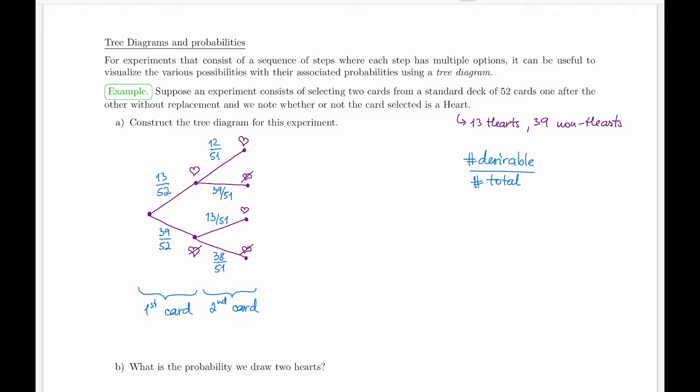Excellent. A couple of things to notice about this tree diagram now that we've constructed it that will be true of all the tree diagrams ever. Because at every single point, you're listing all the possible outcomes to the experiment, that means that these probabilities add up to 1 because they add up to everything that is possible. And we will notice that on all the branches. So from here, this adds up to 1.